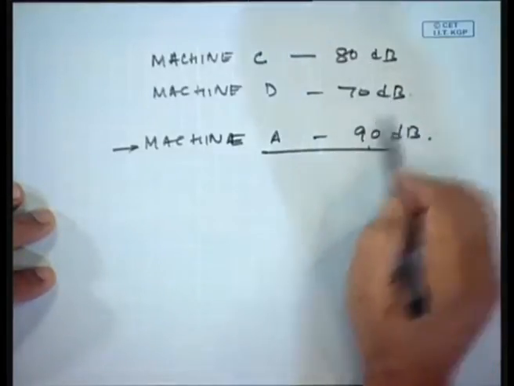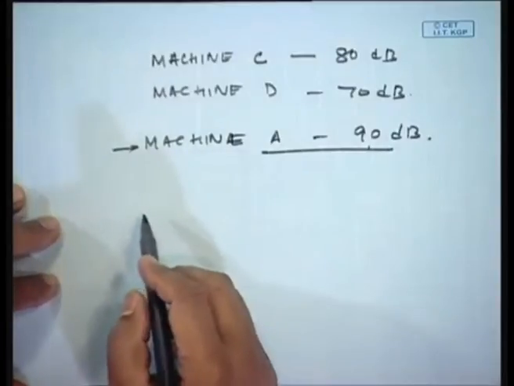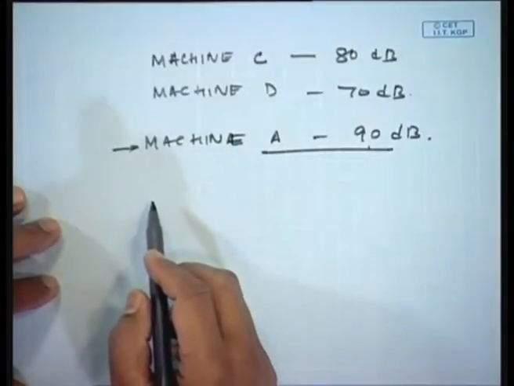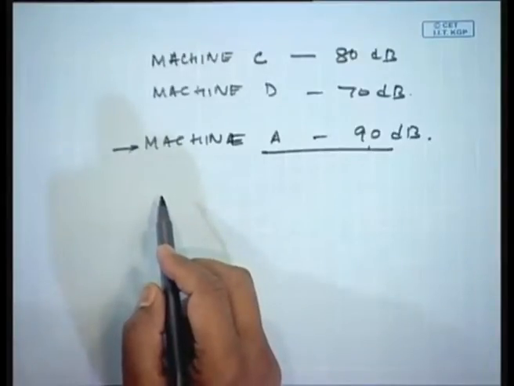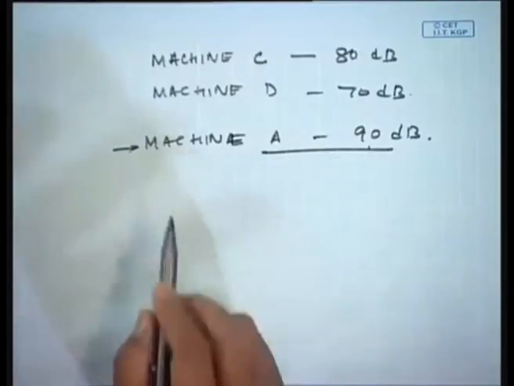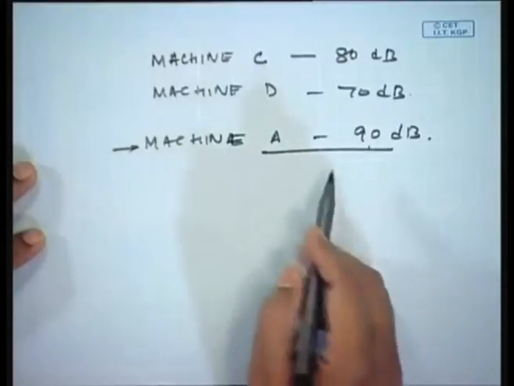Okay. So, the presence of a machine with a level 10 dB less or more does not affect the machine.